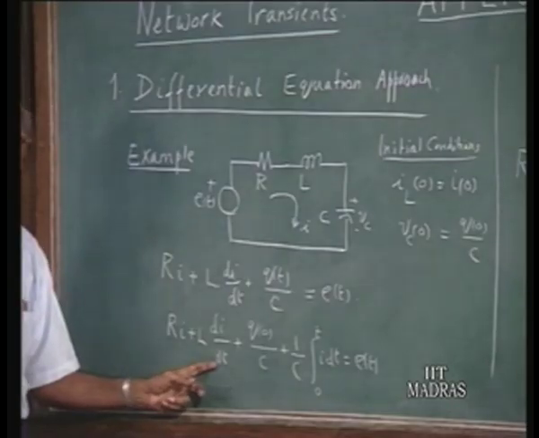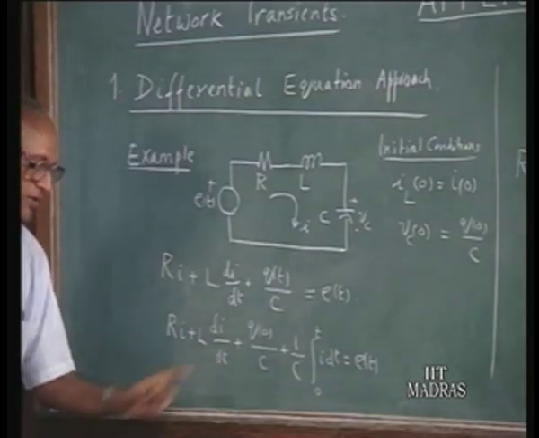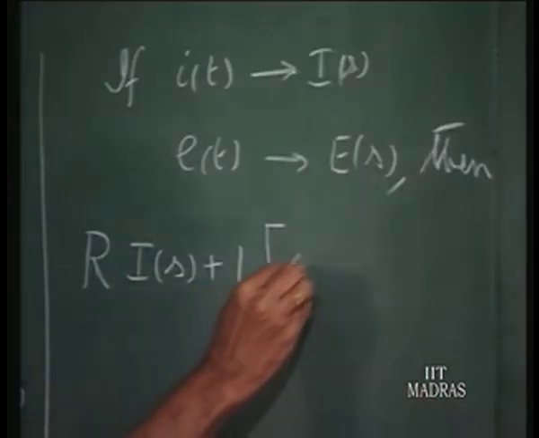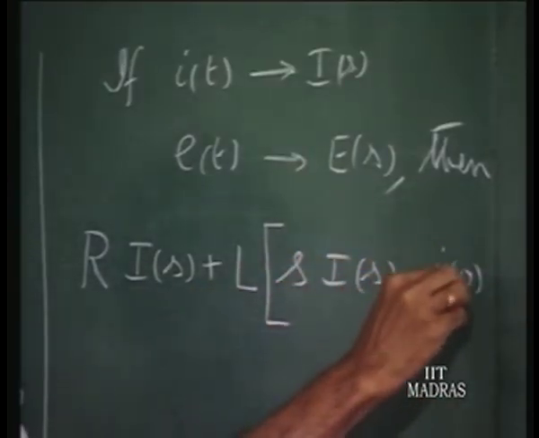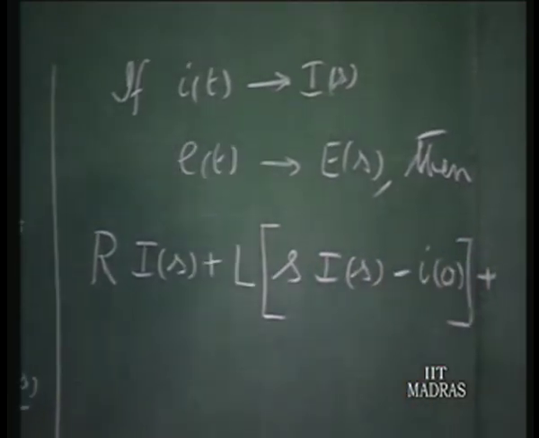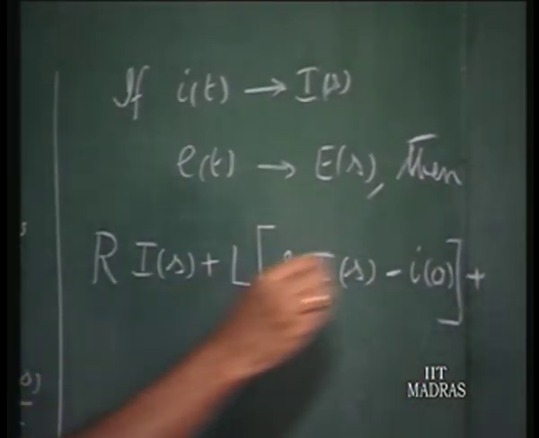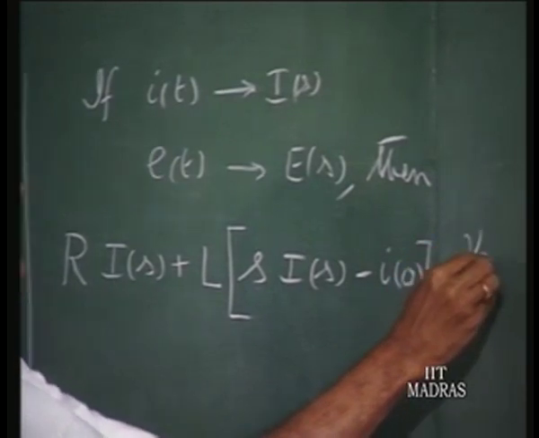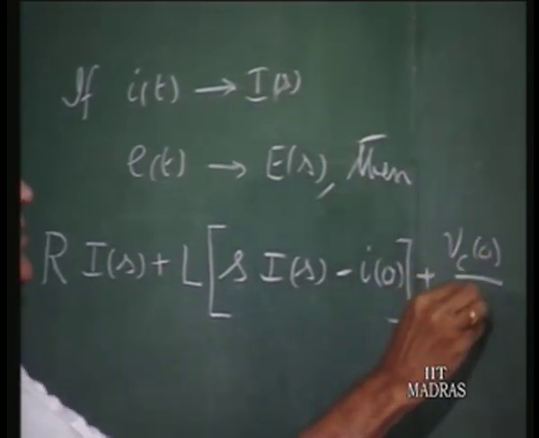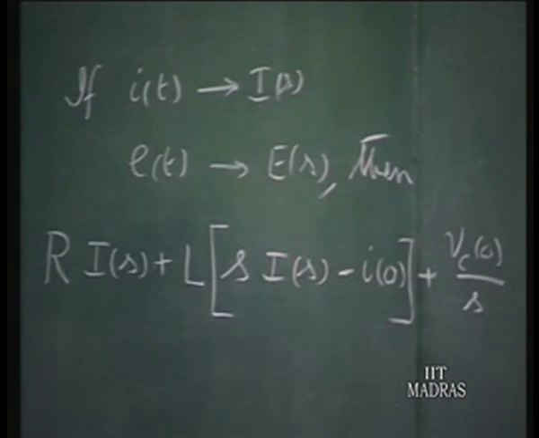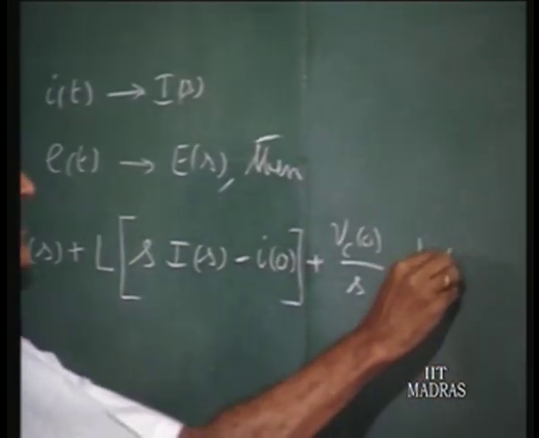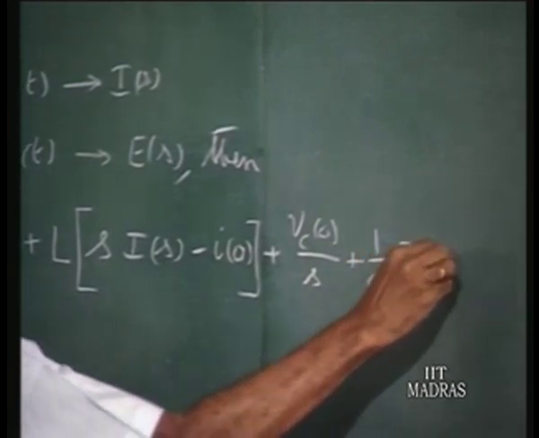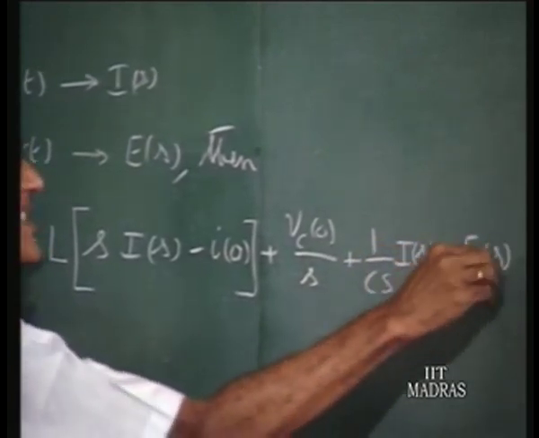Laplace transform of di by dt is S times I of S minus I0, plus Q0 over Cs, that is VC0 over S, plus 1 over Cs times I of S, that is equal to the forcing function E of S.